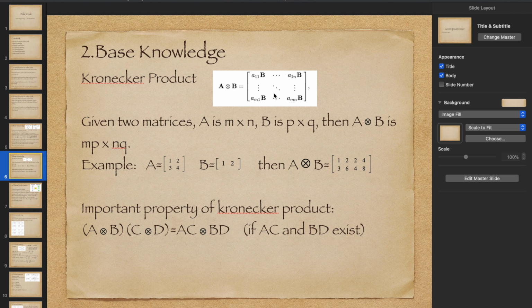Here's an example, and there's something we need to notice: if we switch the position of A and B, let's say we calculate the Kronecker product of B and A, usually we will not get the same answer. And here is an important property of Kronecker product, which we are going to use for the later content.